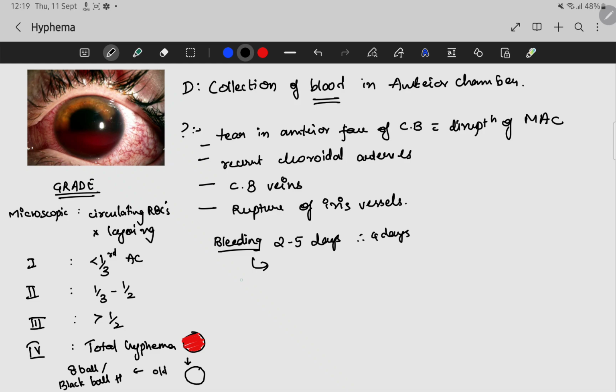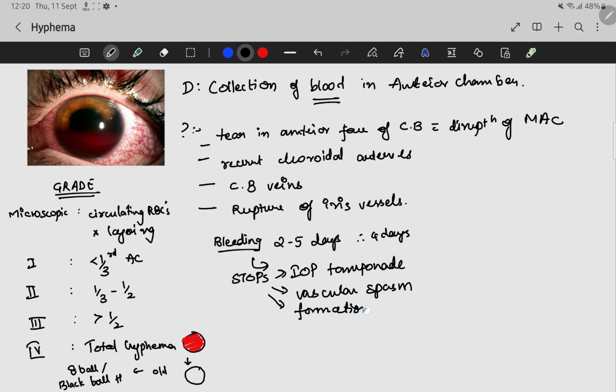So this stops due to IOP tamponade, vascular spasm, and formation of fibrin clot.